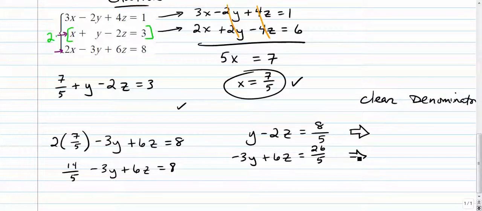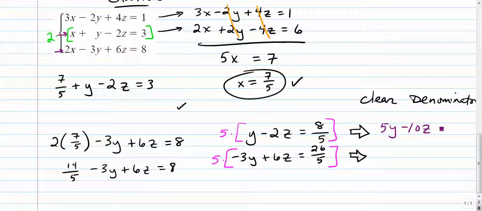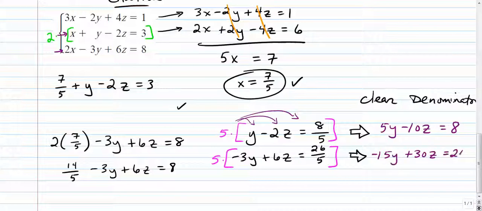You can get rid of those denominators by multiplying by the denominator. So clear them both out of there. And rewrite 5y minus 10z equals just 8. 8/5 times 5. Now we're going to do some distributive property. Same thing here. Negative 15y plus 30z equals 26.